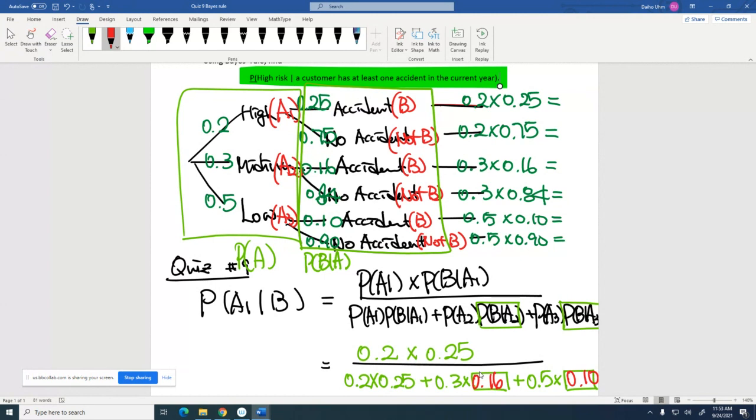See, one day I told you, any kind of probability must be less than 1. That is the bottom, that is the denominator. And the top one is 0.1.